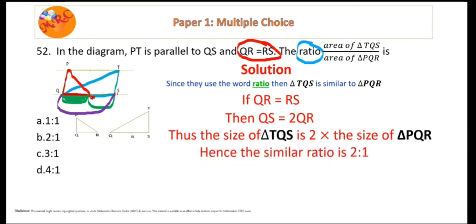Therefore, if the ratio is 2 to 1, and we're asked for the ratio of the areas, we're just looking at lengths here, so that gives us 2 to 1.